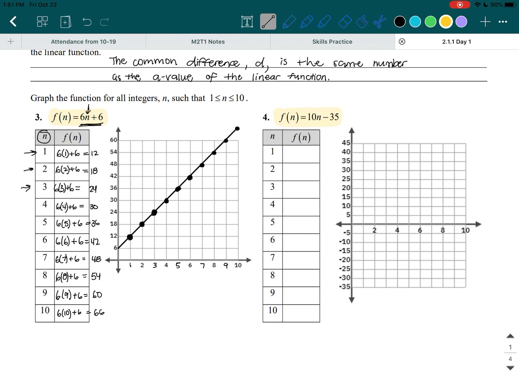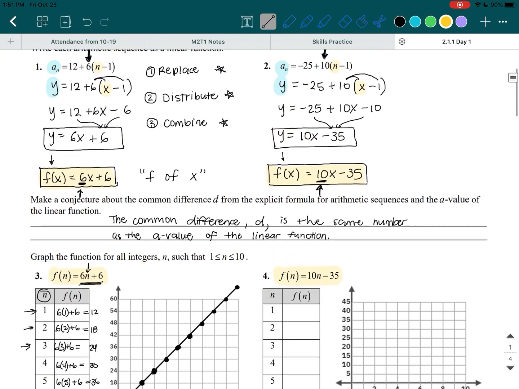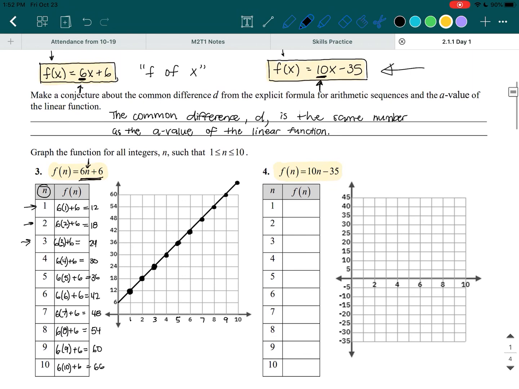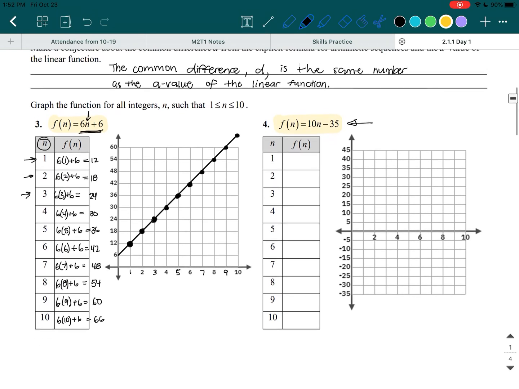We're now going to do the same thing for number 4. So number 4 started off with this arithmetic function right over here, and then we turned it into this linear function, and now we are about to graph that exact same linear function by plugging in n values. So first of all, let's plug in n value of 1. So I have 10 times 1 minus 35 gives me negative 25.